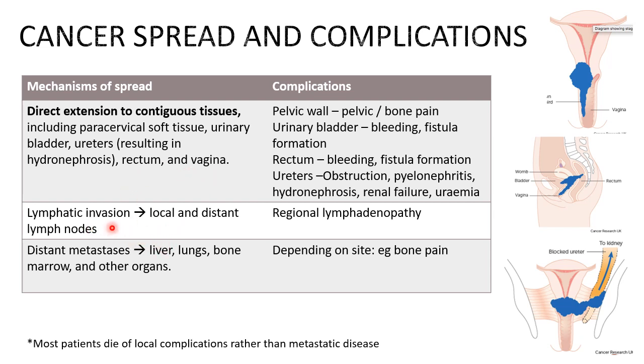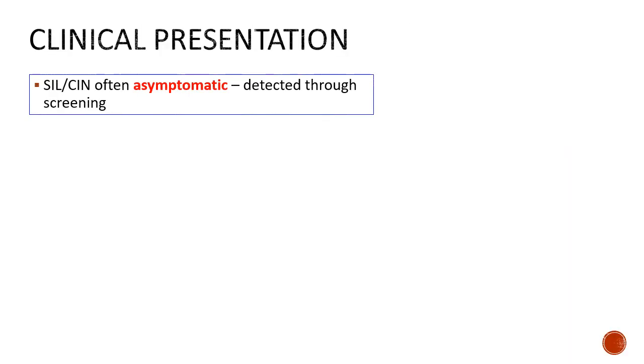Lymphatic invasion can happen, as you know, and also distant metastasis to other sites. So the presentation and complications can depend on where the metastatic disease has gone to. So again, note that most patients die of local complications, which is of direct spread, rather than metastatic disease. So what is the clinical presentation?